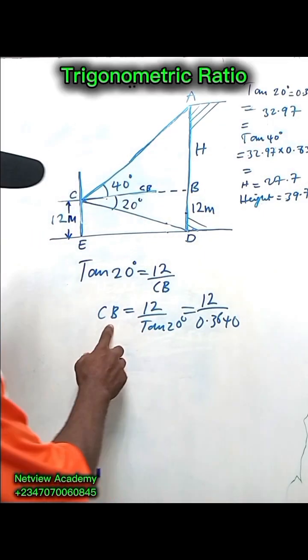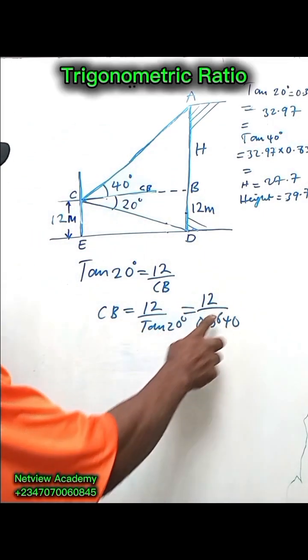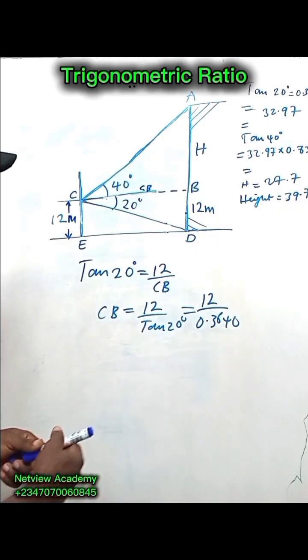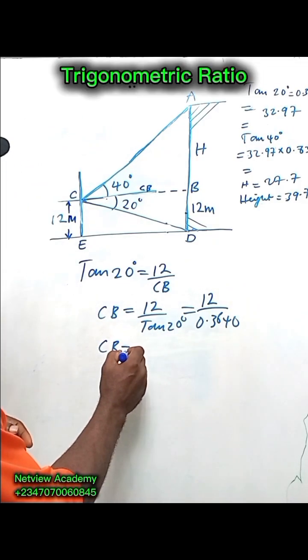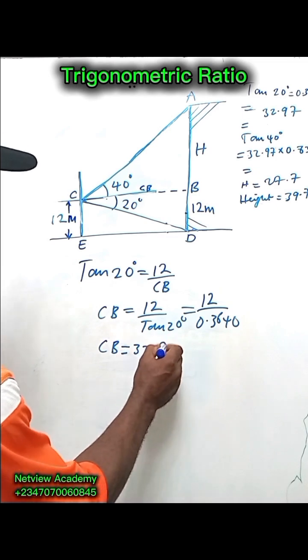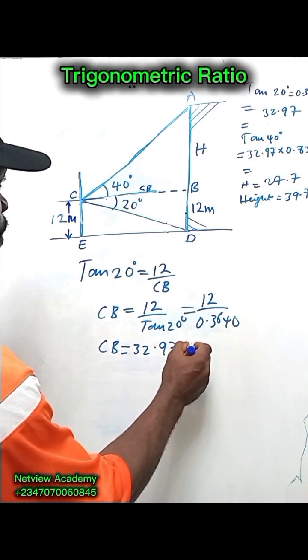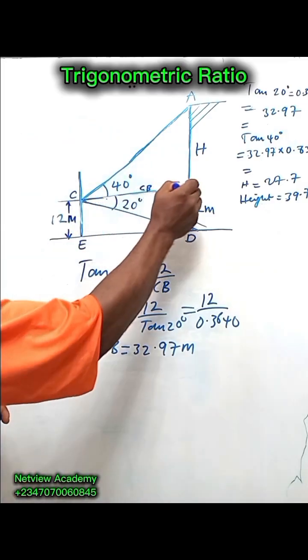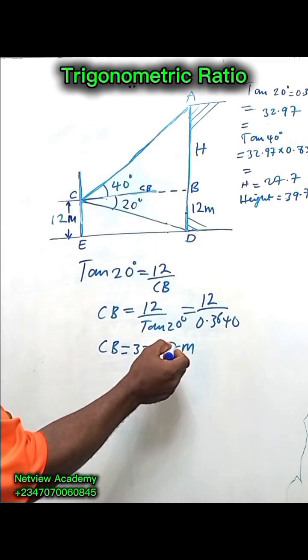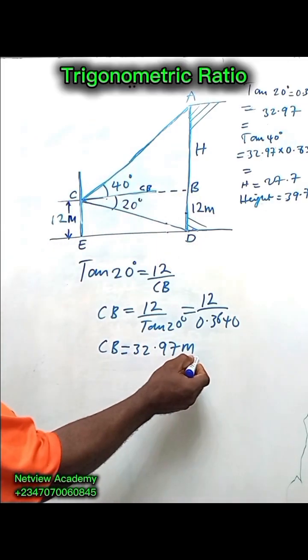Therefore, the value of CB is equal to 12 all over 0.3640, which is the same thing as CB equals 32.97 meters. Therefore, the length of the adjacent is 32.97.